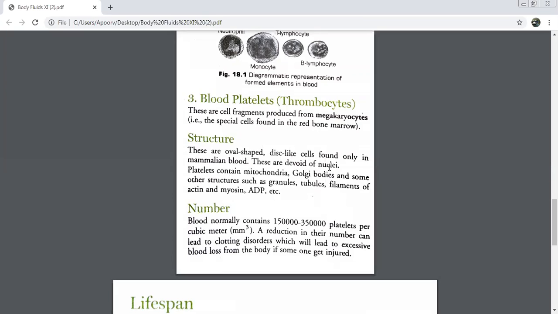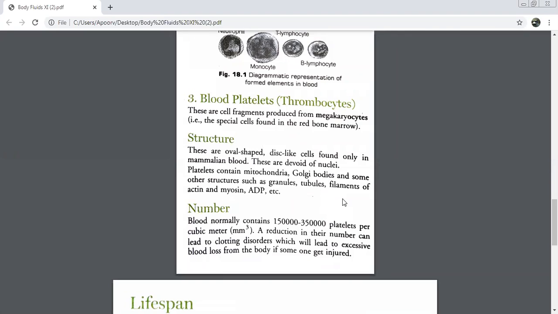Let's talk about the number. Blood normally contains about how many? Count the zeros so that you remember: 1,50,000 to 3,50,000. Is the number less or quite good? More.